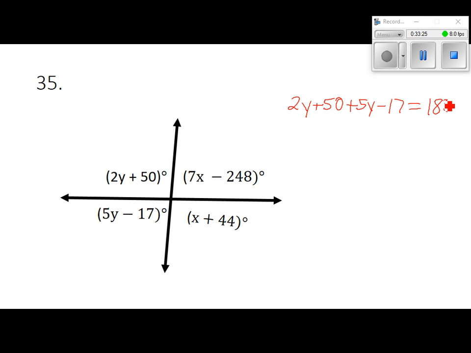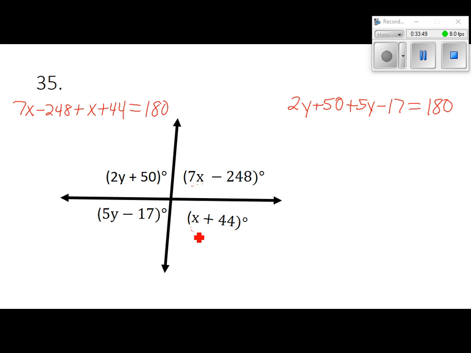What's an equation we could set up to help us solve for x? 7x minus 248 plus x plus 44 equals 180. How come we didn't just set these two equal to each other? We could have. Oh, we can't.